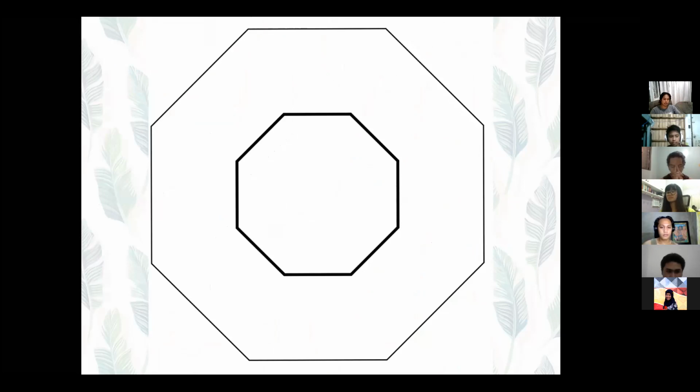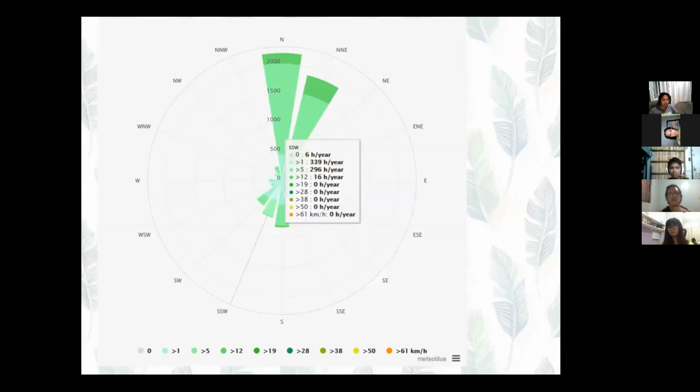Yan. Example. One of the examples is this one. Okay? Kung makita niyo yung wind speed, again, somewhere from the internet. Mostly orientation north and northeast yung data. Pero when I checked kanina, for the whole week, naka-south yung orientation.